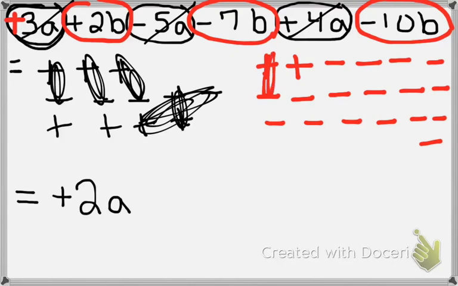So a positive and a negative cancel each other out. We're left with 1, 2, 3, 4, 5, 6, 7, 8, 9, 10, 11, 12, 13, 14, 15 negatives. So negative 15, and those were b terms.